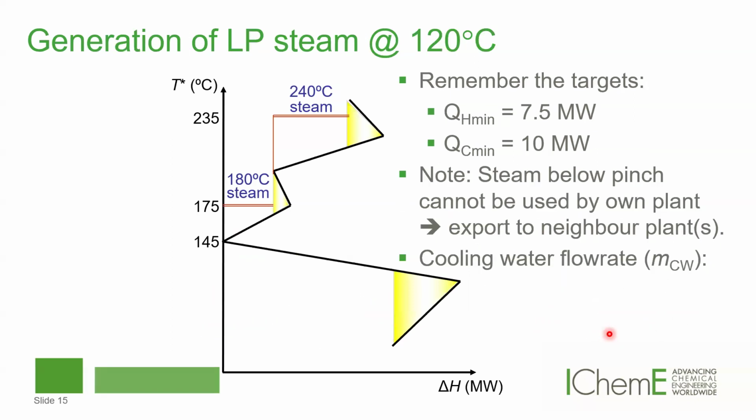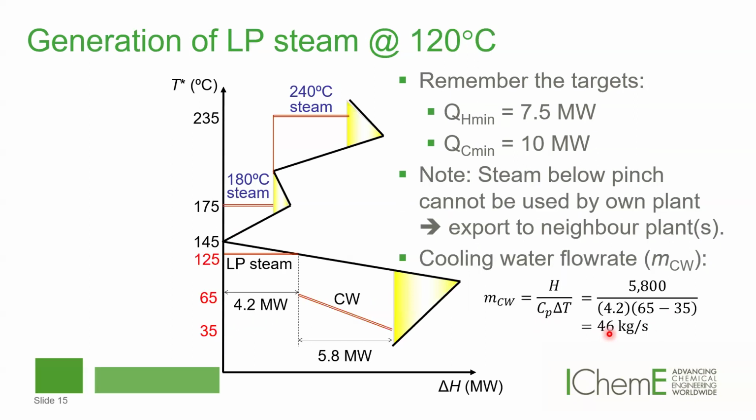So the mass flow rate here is 46 kilograms per second, but in the previous example, it's 79 kilograms per second. So that means we're able to decrease the cost of the cooling water by using the steam that we raised from the earlier process.